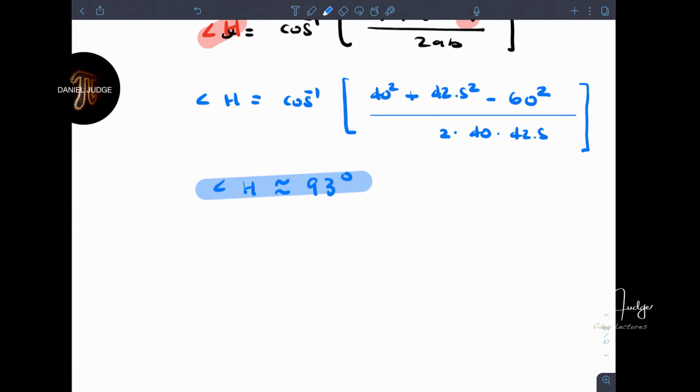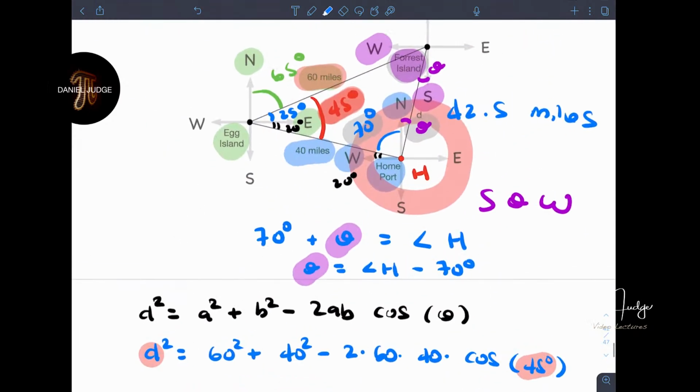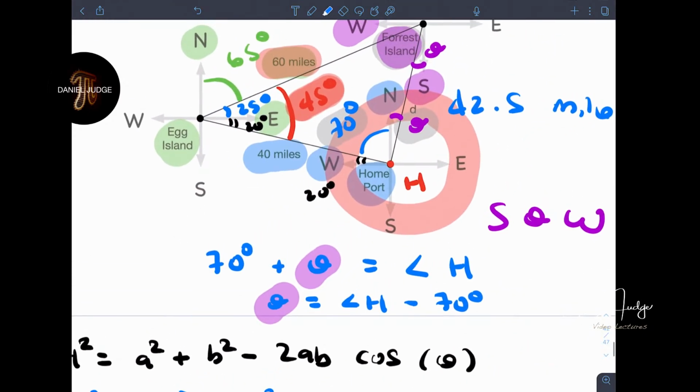So this is an important thing that we found. Angle H is 93 degrees. Part of the issue that we had in the past was the picture was just not to scale. You know, this angle H is 93 degrees. Now that kind of makes sense. The picture does make sense now.